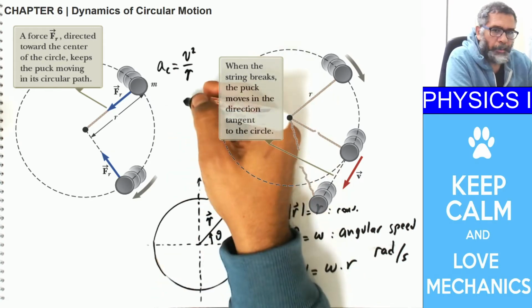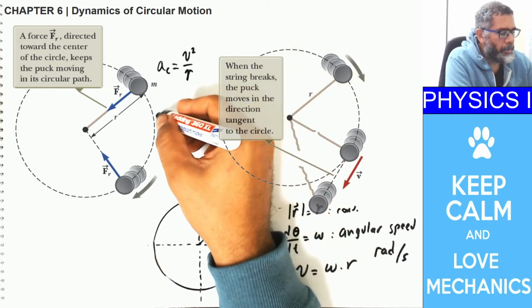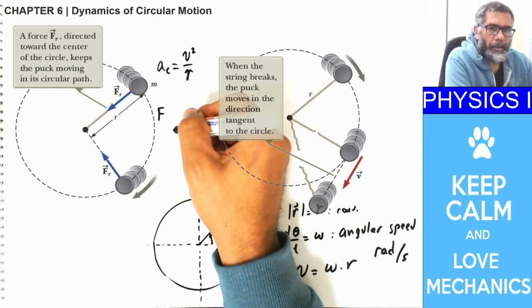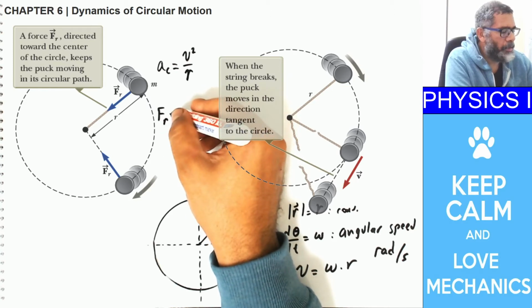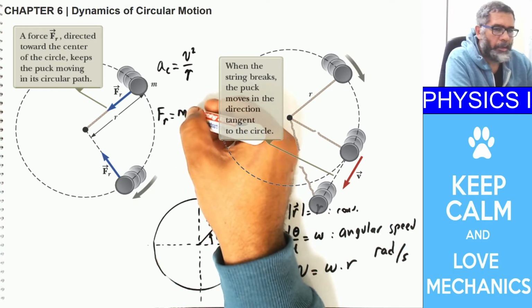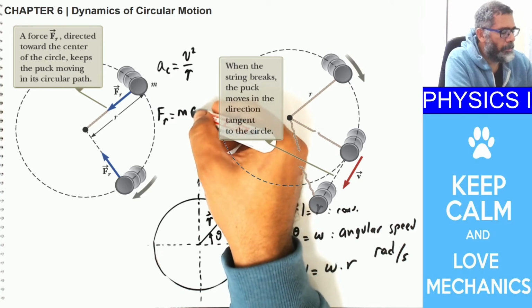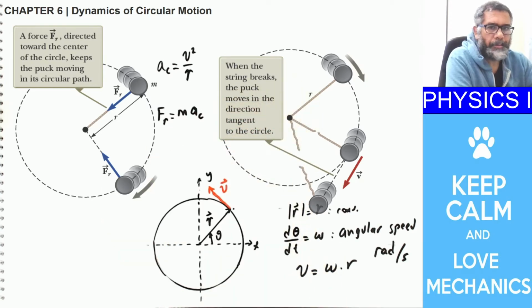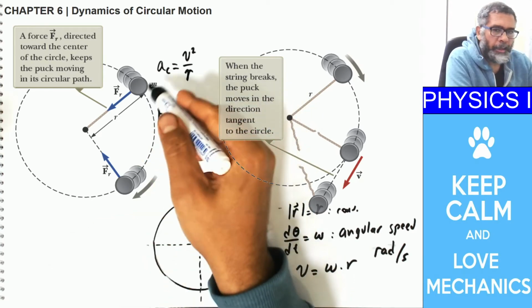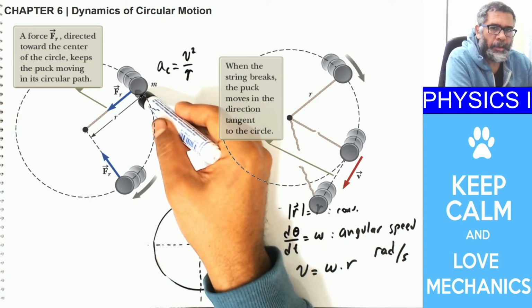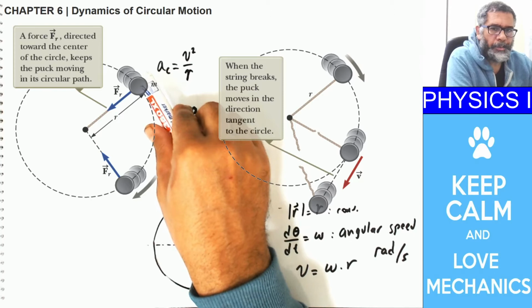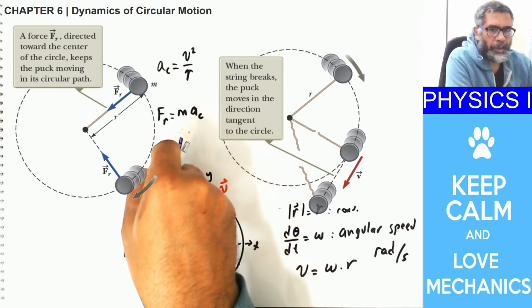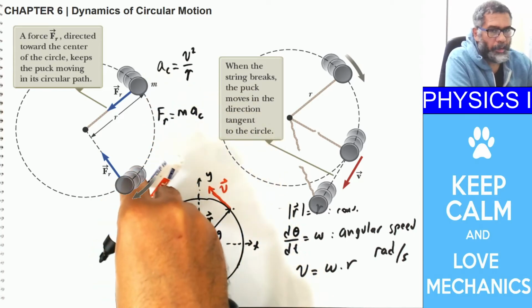So for the polar coordinates, Newton's second law is going to be: the force in the radial direction is equal to m times the centripetal acceleration. And we know that the acceleration is toward the center, because if you think about the motion of this puck, it is always changing its velocity toward the center.